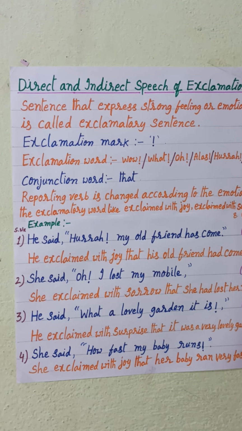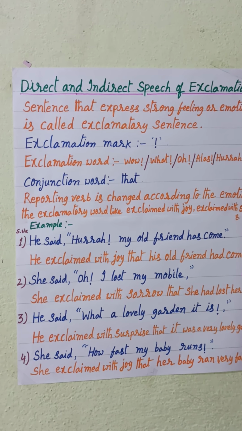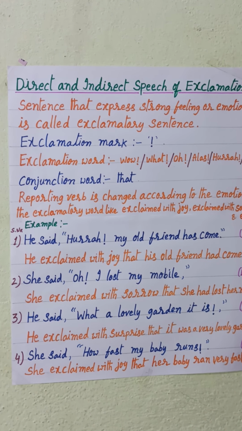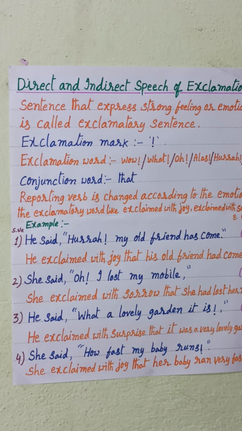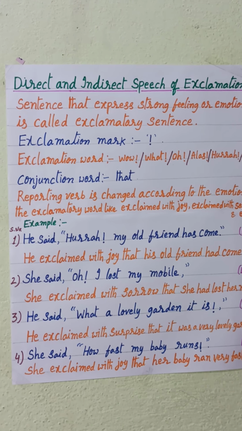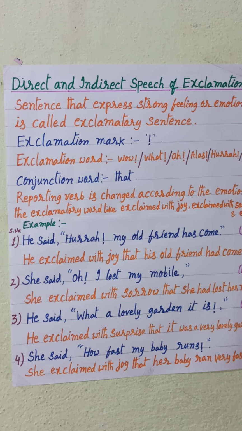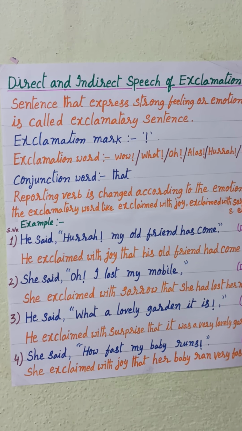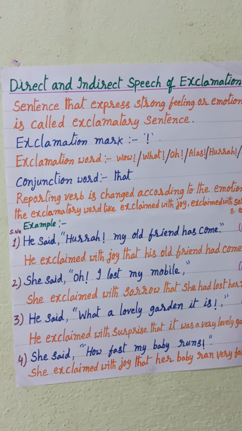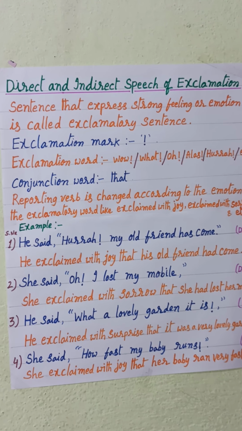For example, serial number 1: He said, inverted comma start, hurrah, the exclamatory word or exclamation word, my old friend has come, full stop and inverted commas close.